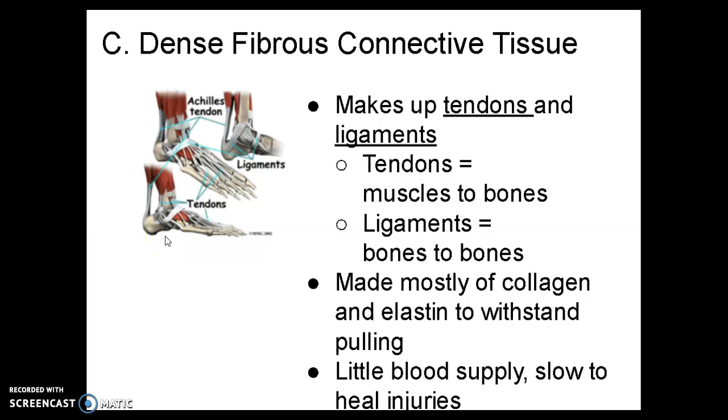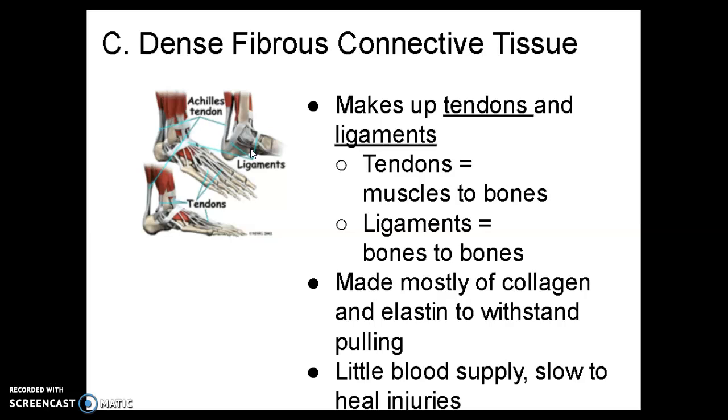And then ligaments connect bone to bone. So we see in all the bones of the ankle and the foot, we see all these ligaments connecting them together. So tendons and ligaments are made of dense fibrous connective tissue.